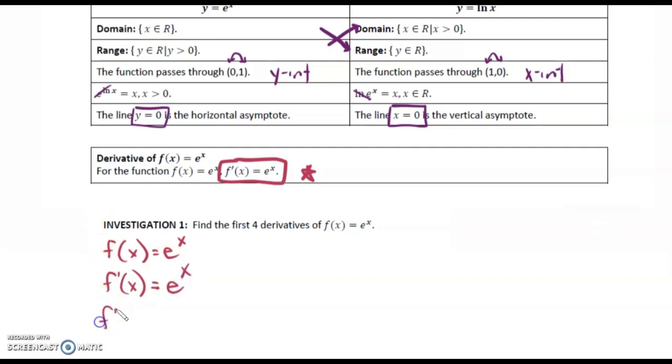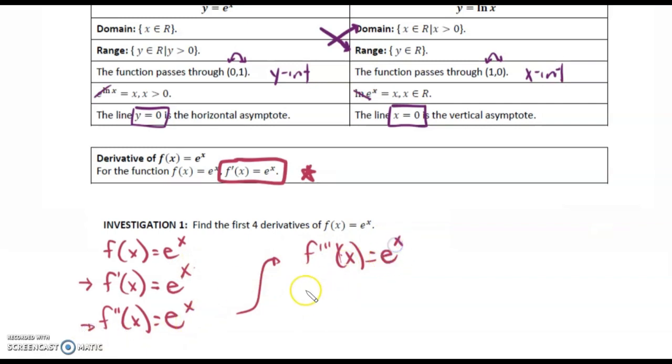Now for the second derivative, we find the derivative of the first derivative. So the derivative of e^x is again e^x. And the third derivative, we would find the derivative of the second derivative, which is again e^x.